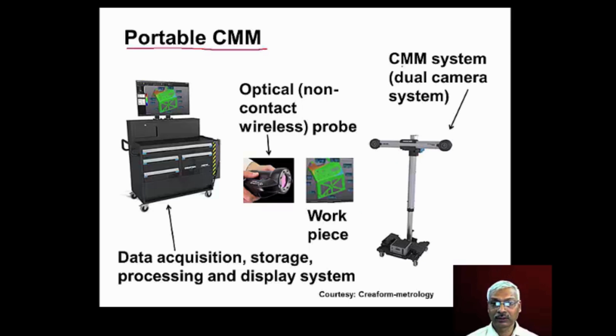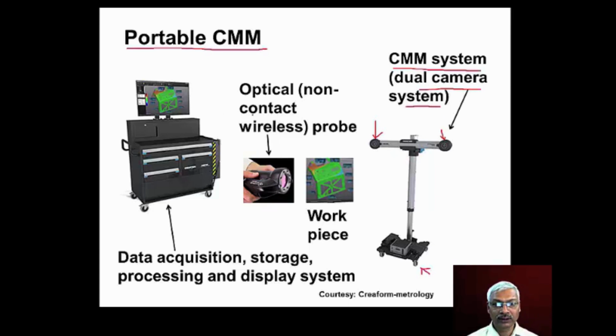We have the CMM system. This is a dual camera system. You can observe the two cameras here, and this is a mobile unit. We can see the wheels. It can be moved to the place where the huge workpiece is placed, and then it is installed near the workpiece.